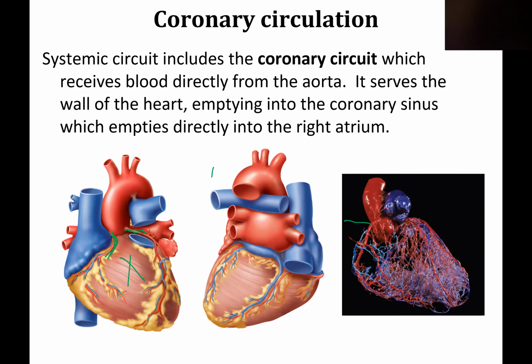So the stent is like a little piece of a straw, and they can insert it either through a blood vessel in the wrist, the radial vein, or in the femoral vein, which is down in the groin. And so they snake a catheter through the blood vessels and into the heart, and then it goes into the coronary vessels.